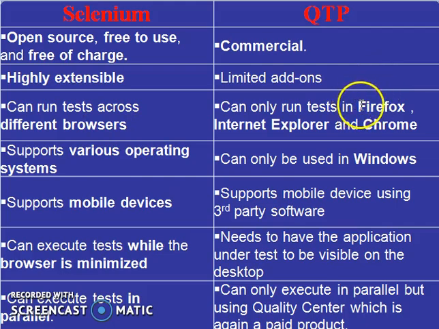Okay, so you have to keep in mind it only supports 3 browsers. Selenium supports various operating systems, including Linux, but QTP can only be used on Windows, for Windows or desktop based applications. Then Selenium supports mobile application testing, and QTP supports mobile devices using third-party software.